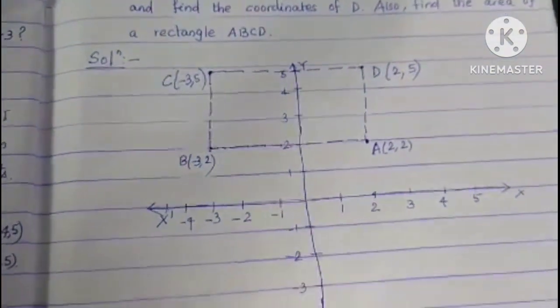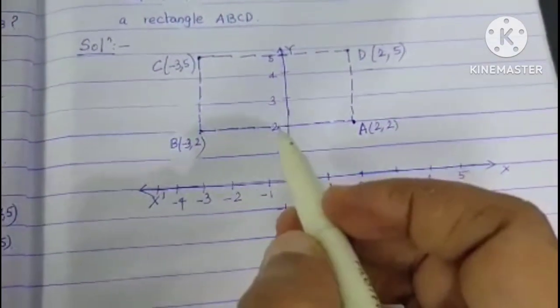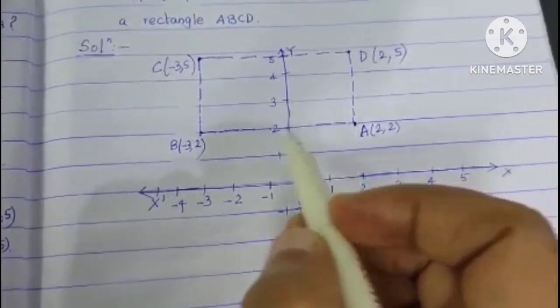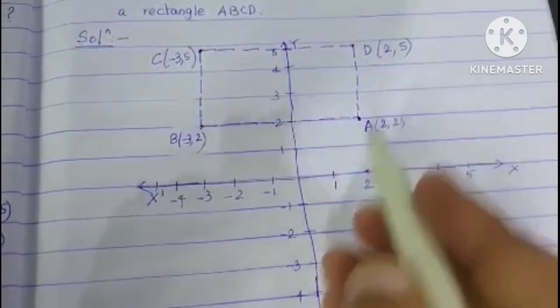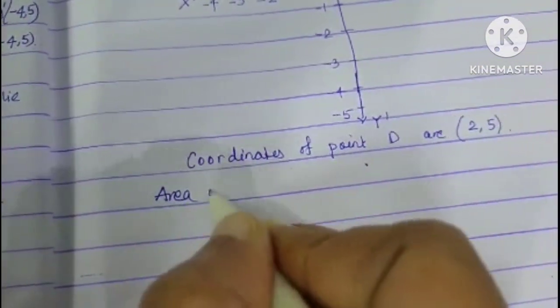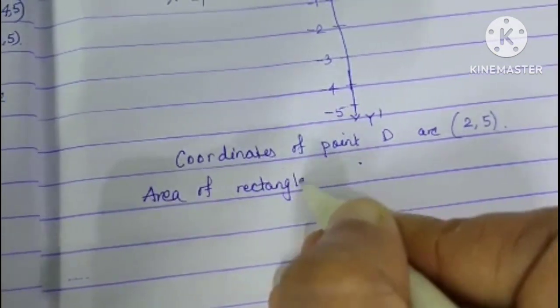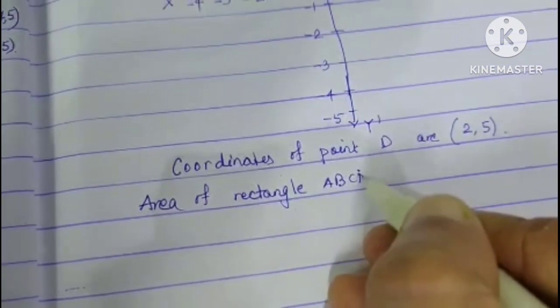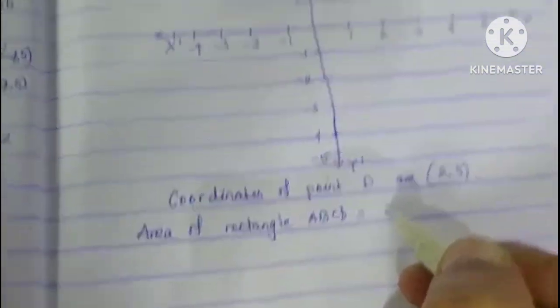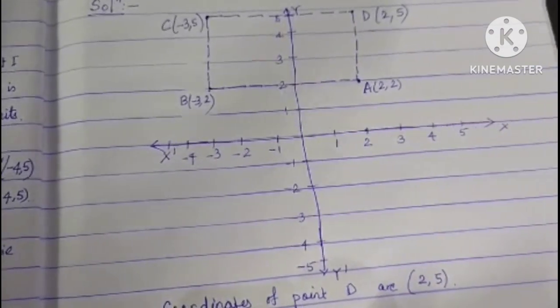Now we have to find the area of the rectangle ABCD. What is the area of a rectangle? Area of a rectangle is length into breadth. So area of rectangle ABCD will be equal to AB multiplied by BC.